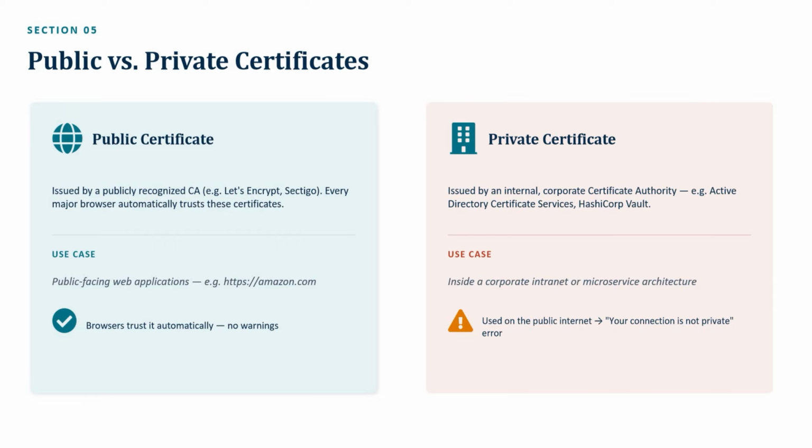For private certificates, on the right side we can see they are issued by an internal corporate certificate authority, such as Active Directory Certificate Services or HashiCorp Vault. What is the use case for this? It is used inside a corporate intranet or in microservice architectures.